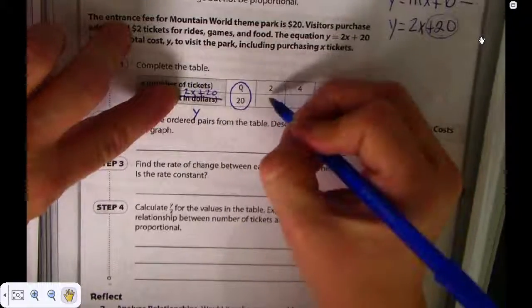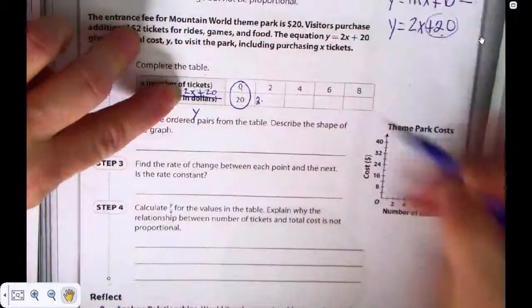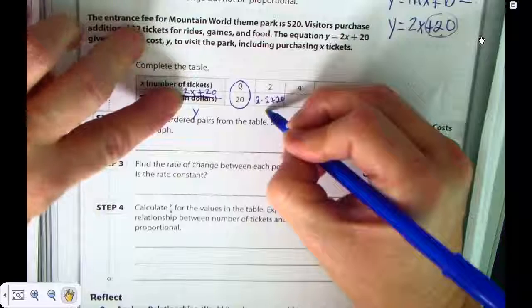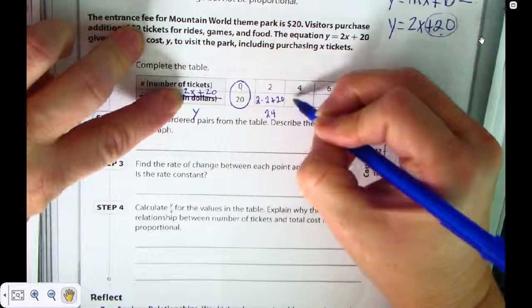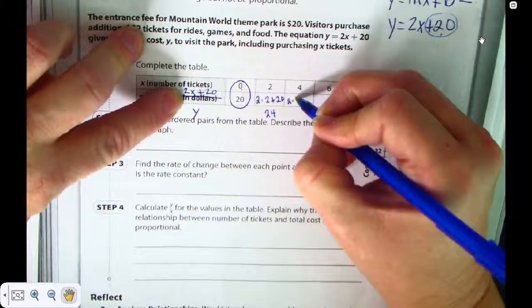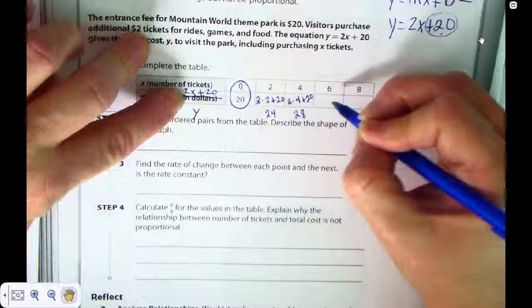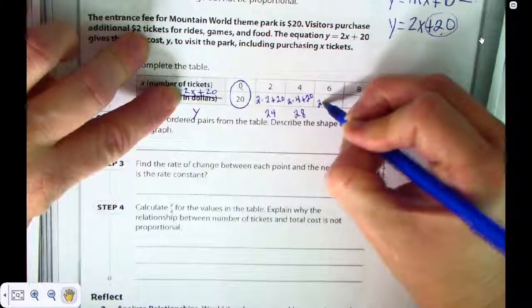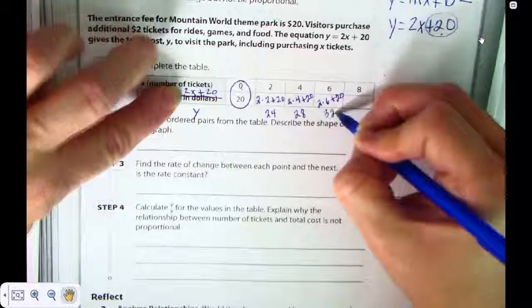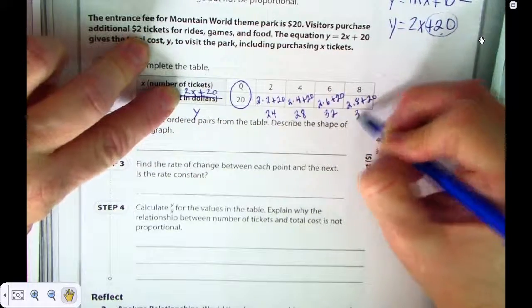So we're going to skip over here and write 2 times 2 plus 20, which gives me 24. 2 times 4 plus 20 gives me 28. 2 times 6 plus 20 gives me 32. And 2 times 8 plus 20 gives me 36.